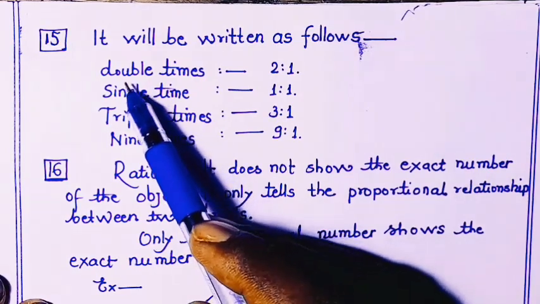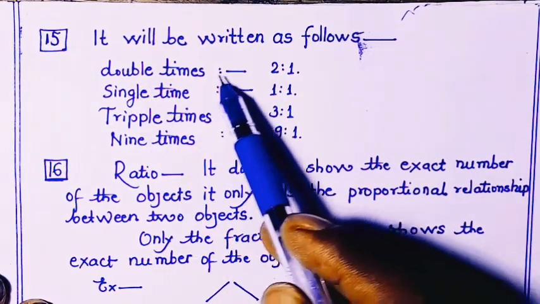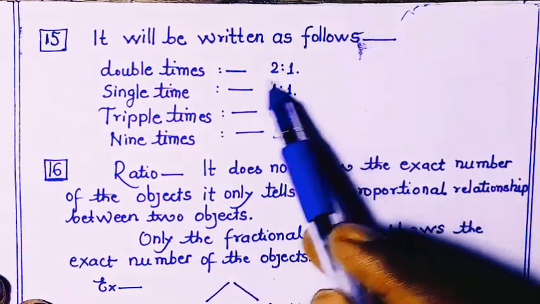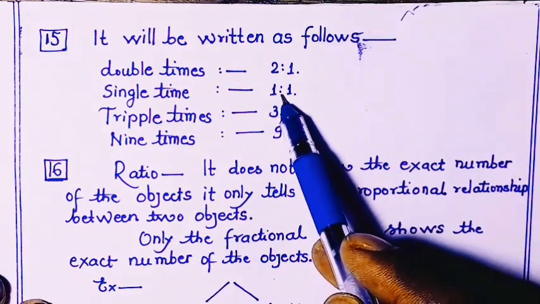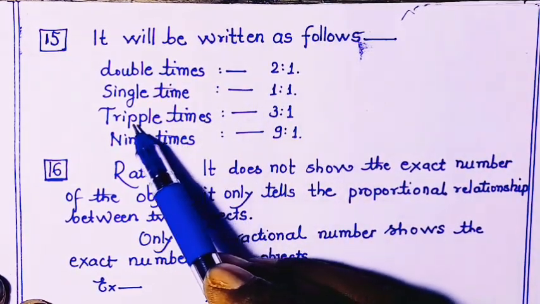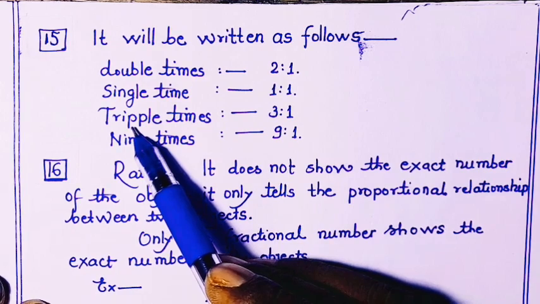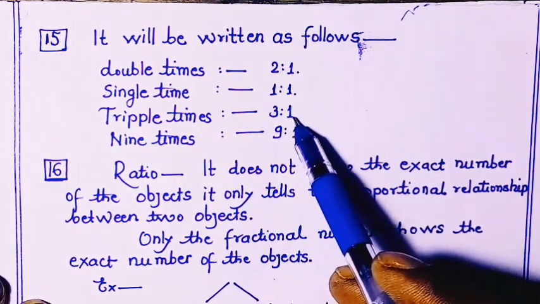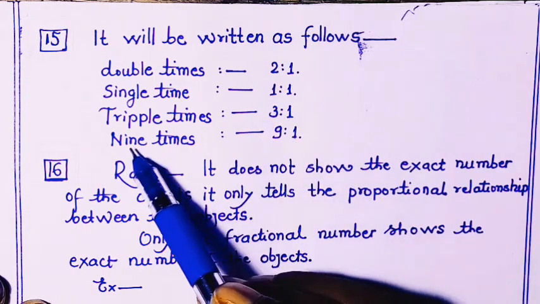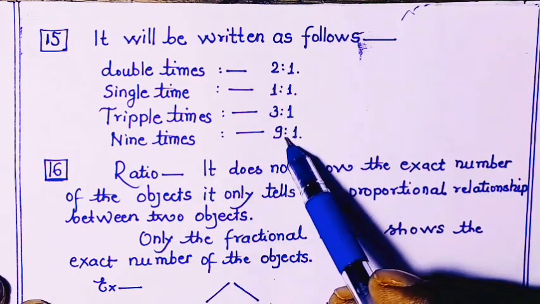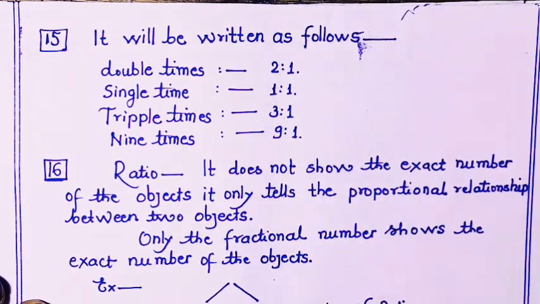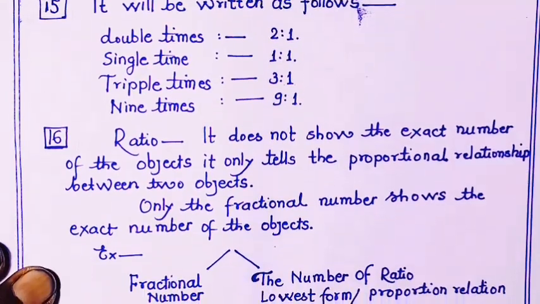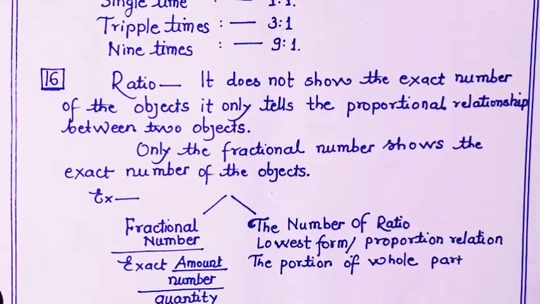Suppose double times 2 to 1, single time 1 to 1. If we have to write triple times, then we shall write 3 to 1, such as 9 times 9 to 1.